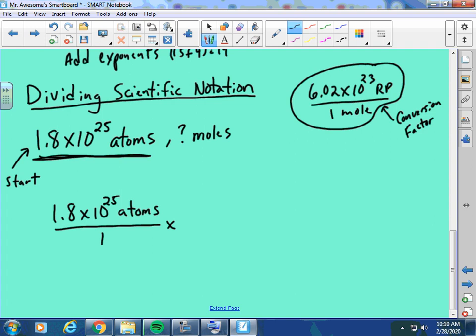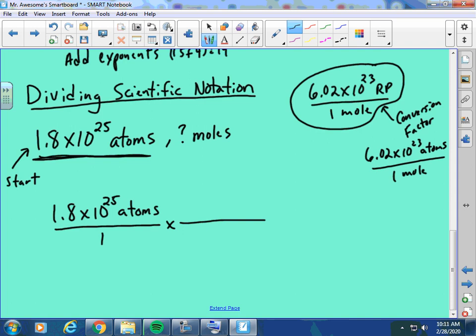So always write what's given to you as the start. You're going to start your equation with that, just put it over 1 and write times. Now what we're going to do is we're going to use our conversion factor. So what I can do is I can either use 6.02 times 10 to the 23rd atoms per 1 mole, or I can flip that upside down, whichever is needed.